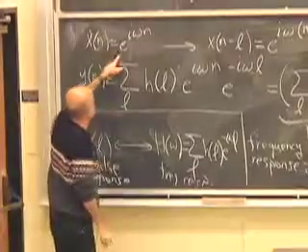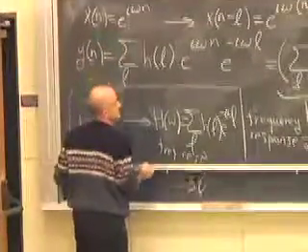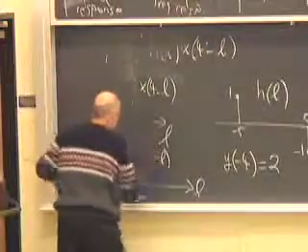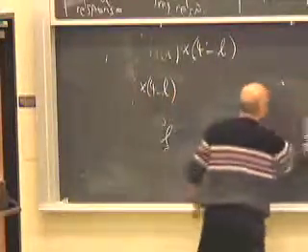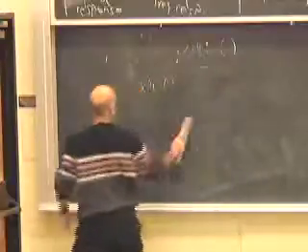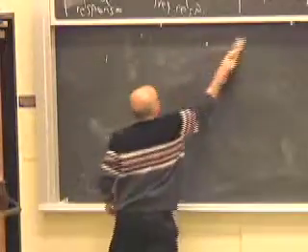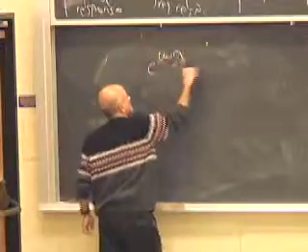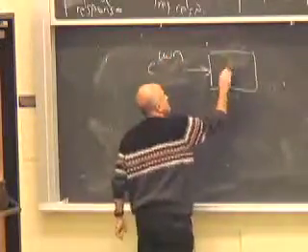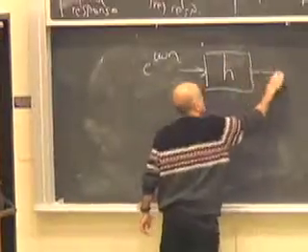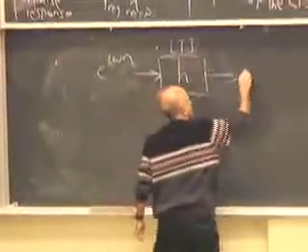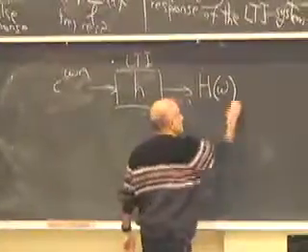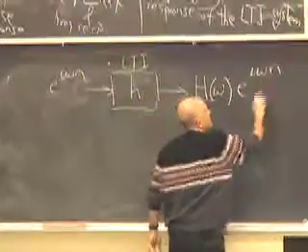Notice what's happened. You sent in a complex exponential, and you got the same complex exponential at the output. E to the I omega n went in. And h of omega, which is some complex quantity, times e to the I omega n came out.